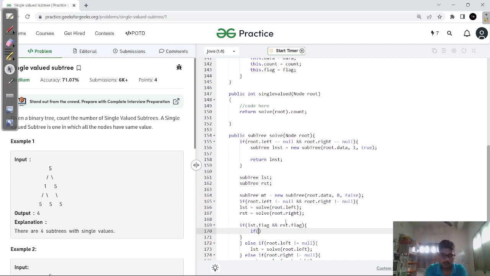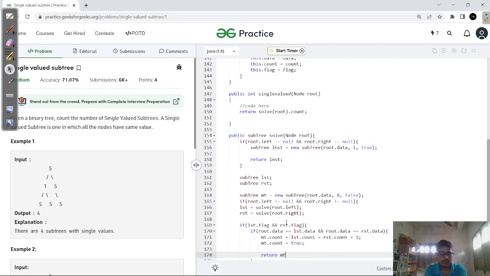So root dot data equal to left subtree data and root data equal to right subtree dot data. Then I will compute my count as left subtree count plus right subtree count plus 1, because I am now a single value subtree, and my flag will be true because I am now a single value subtree.